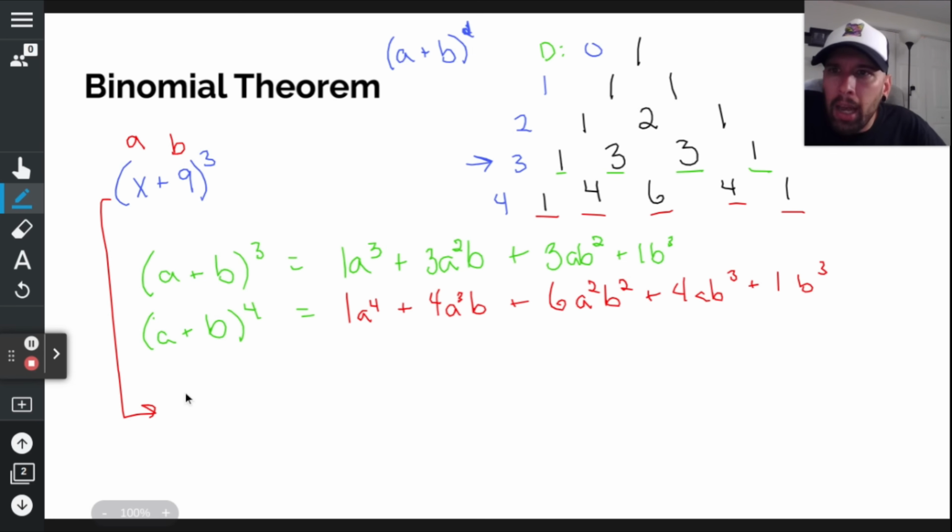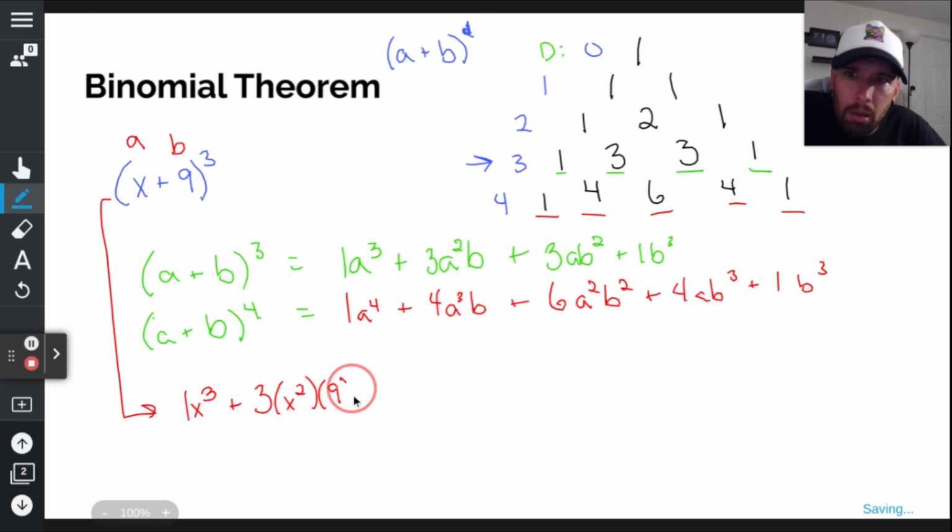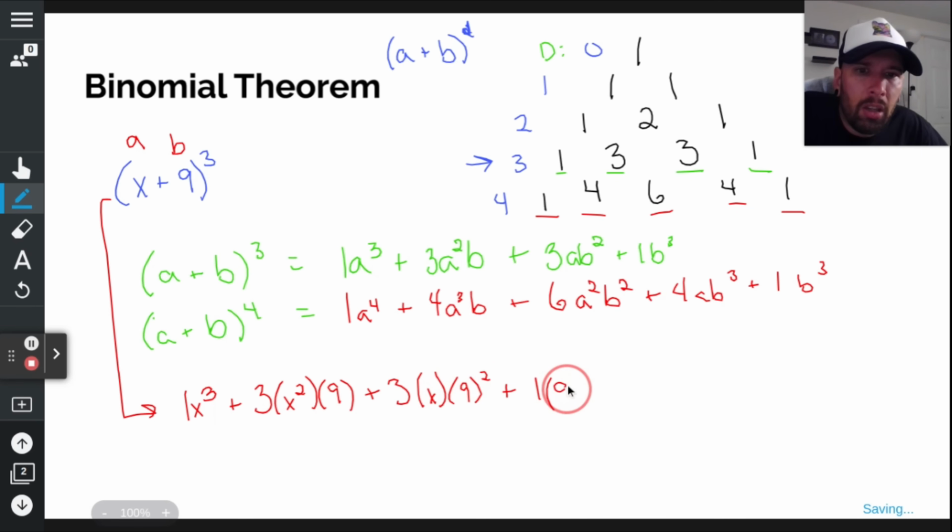I'm going to write out 1 x to the third plus 3 times x squared times 9, okay, see what I did? Plus 3 times x times 9 squared plus 1 times 9 cubed.